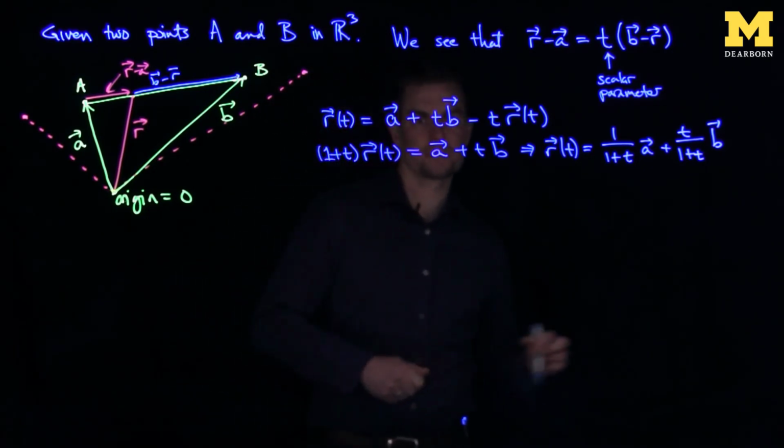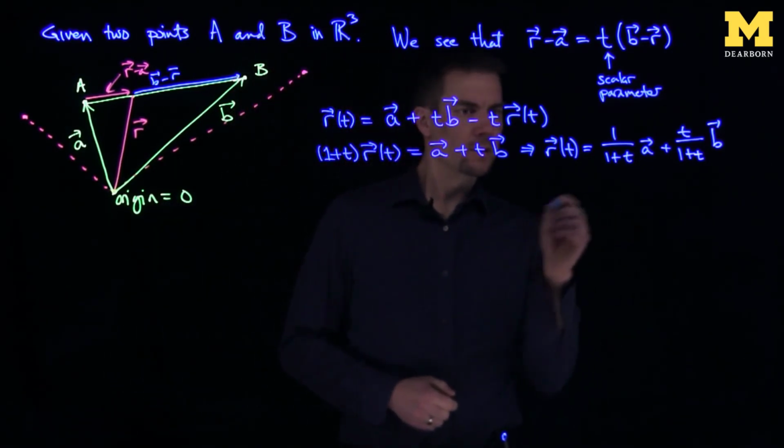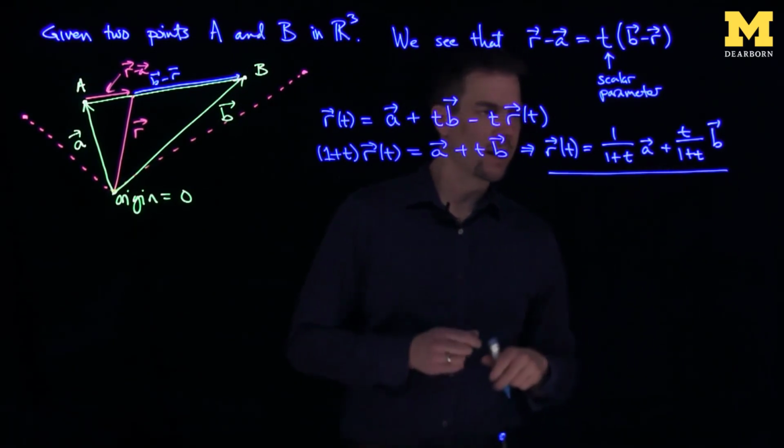So this is the parameterized version of a line.